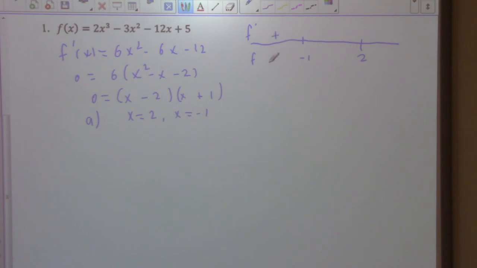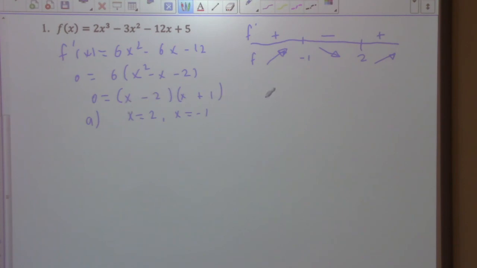So that's positive, right? And between negative 1 and 2, negative. How is this so easy to do? Why is this easy to do?